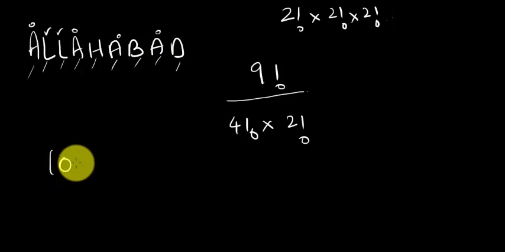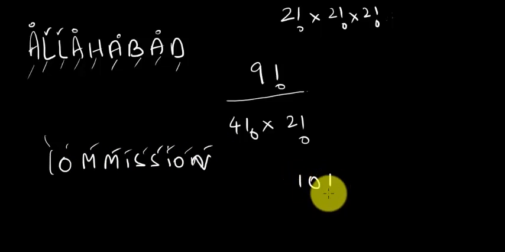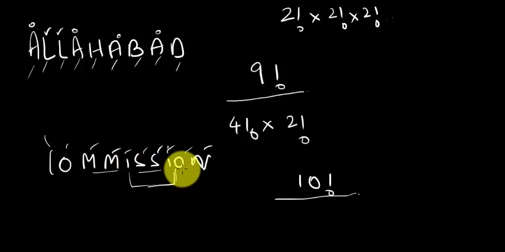What about the word Commission? C-O-M-M-I-S-S-I-O-N. Okay? So how many alphabets are there? 1, 2, 3, 4, 5, 6, 7, 8, 9, 10. So 10 factorial divided by M, S, I, and then O. Okay.